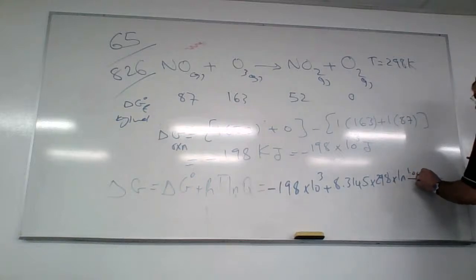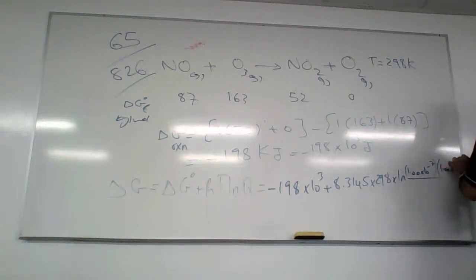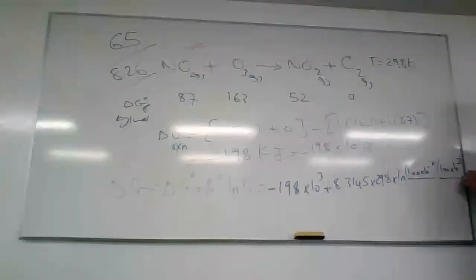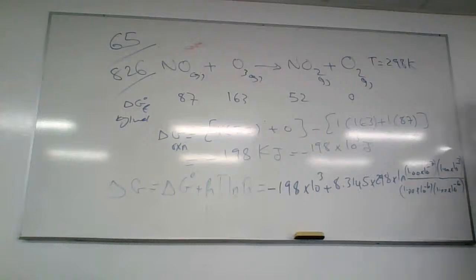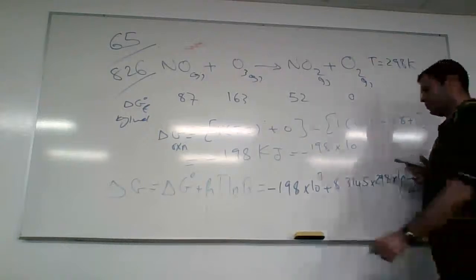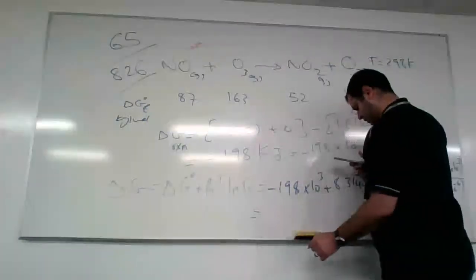It's 1.00 times 10 to the power minus 7 into 1.00 times 10 to the power minus 3, over 1.00 times 10 to the negative 6, 1.00 times 10 to the negative 6 as well. Okay? So you get the value of delta G.